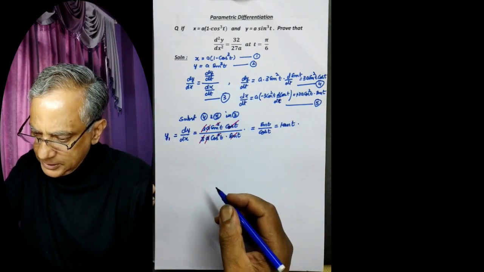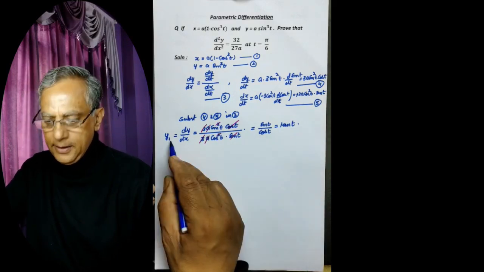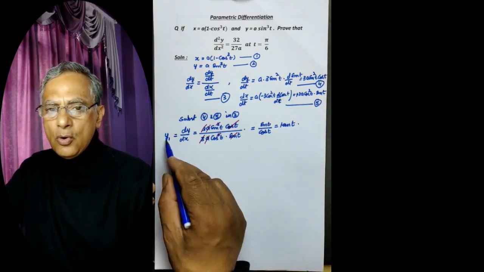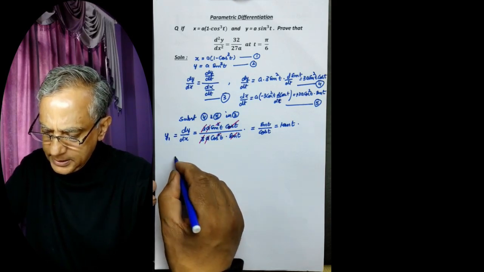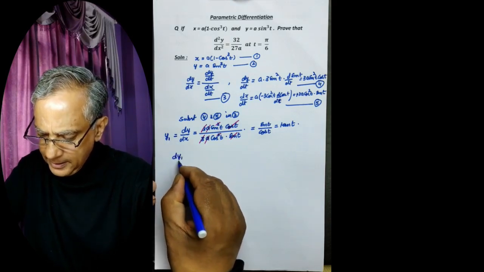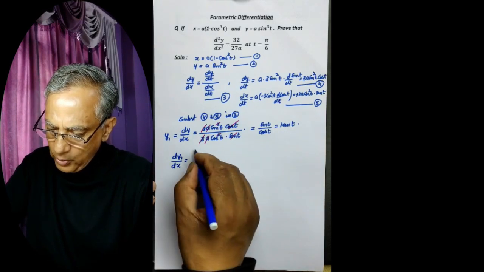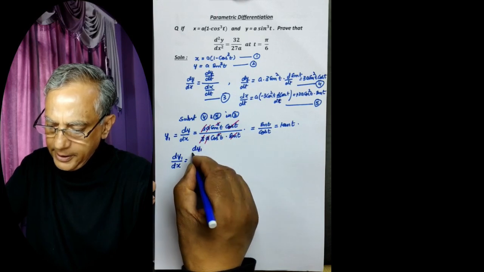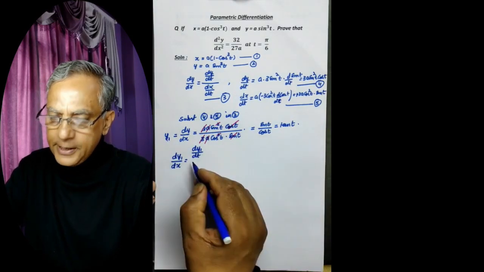So y1 is this, and we have to find its differentiation with respect to x. So differentiating again with respect to x, what we get is dy1 by dx, and this will be dy1 by dt over dx by dt, since y1 is a function of t and x is a function of t.